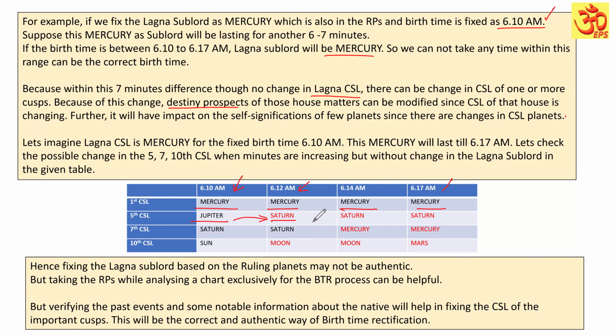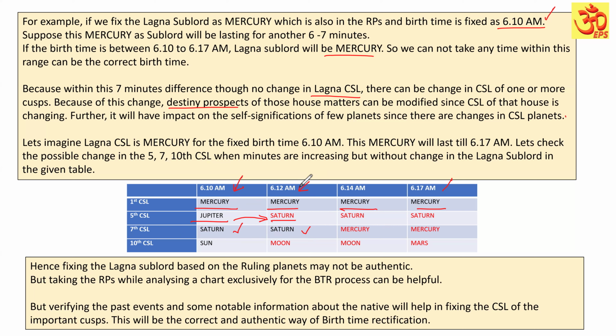So Saturn is going to be there for 6:12 a.m. as the fifth cuspal sublord. Now, if you look at the seventh sublord, 6:10 a.m. Saturn, 6:12 also Saturn. Saturn is going to be the same planet for the seventh sublord, for 6:10 also, 6:12 also. But there is a change only in the fifth sublord.